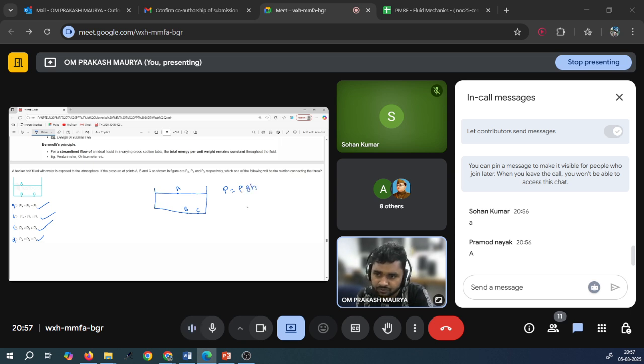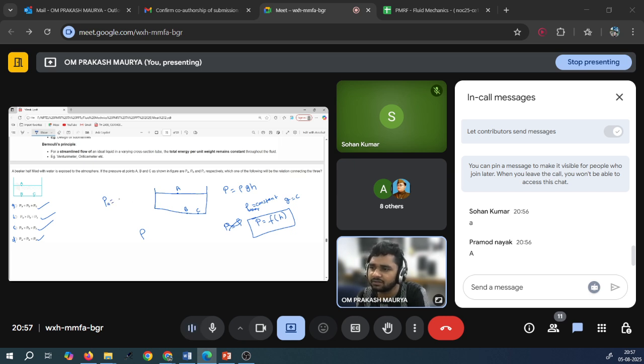Here rho is constant for this particular case, because water is given already. g is also constant, you know. So pressure is a function of only h.